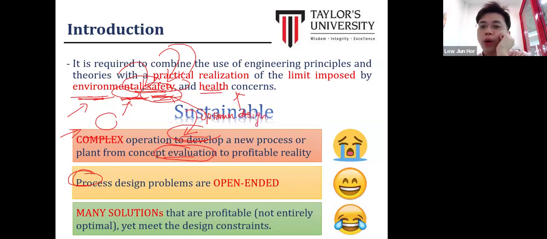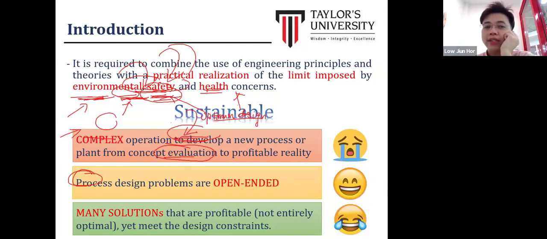If possible, we want to make everything optimum. But as I told you just now, we have a lot of criteria, for example, profitability, and also a lot of external considerations we need to consider in our design. And some of the factors and considerations, no choice, we have to fulfill, we have to address.